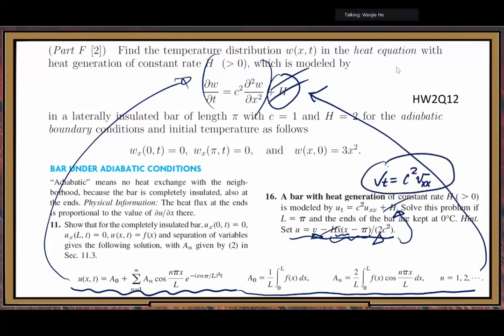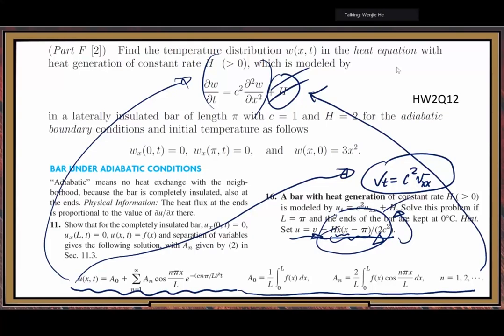So for the v function, you remove that H term. Then you apply this formula on the v function, not on the u function. After you find the v function, then you just add this h part back. Add that quadratic polynomial back. So that's this step. I looked at it, and those students didn't use this step. Those students missed this step.